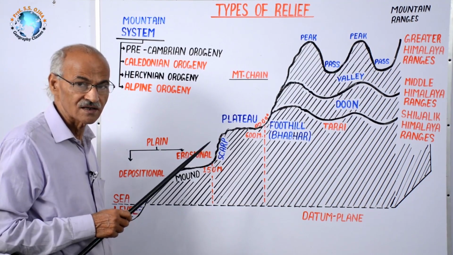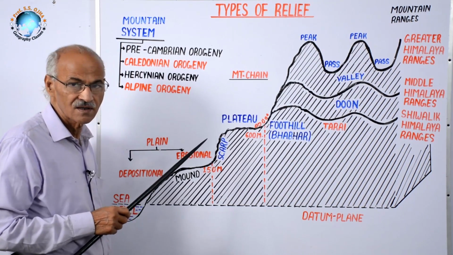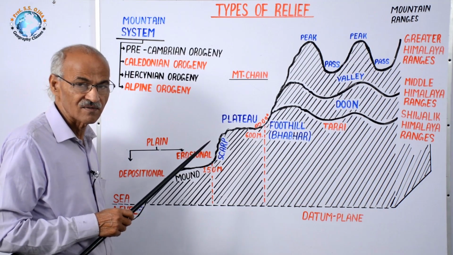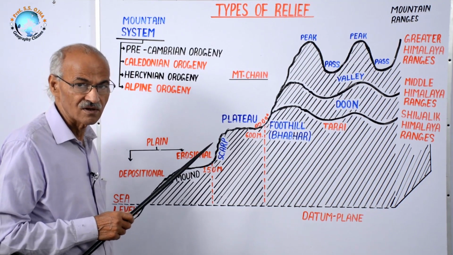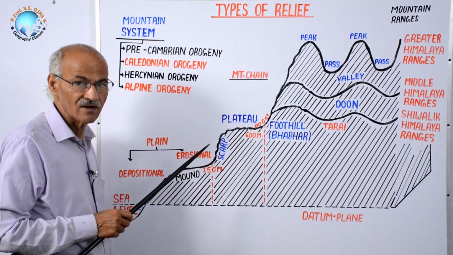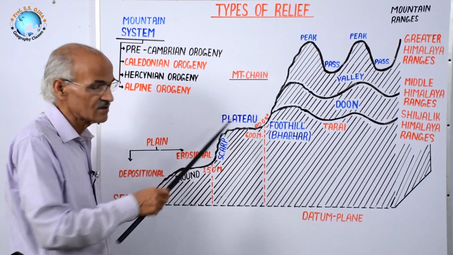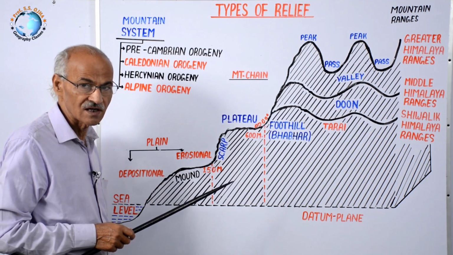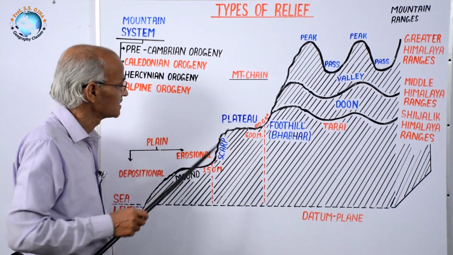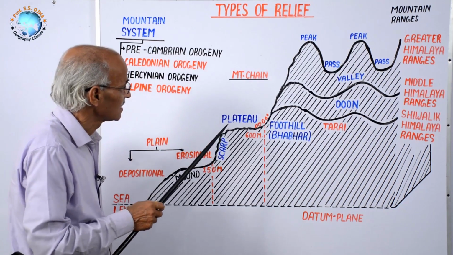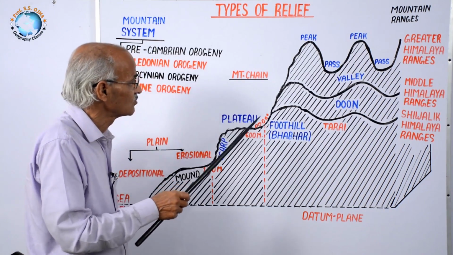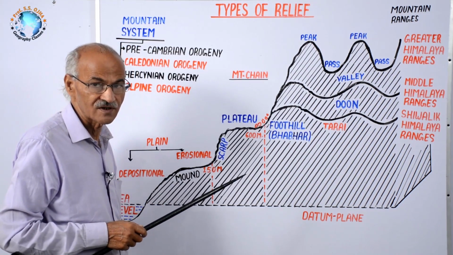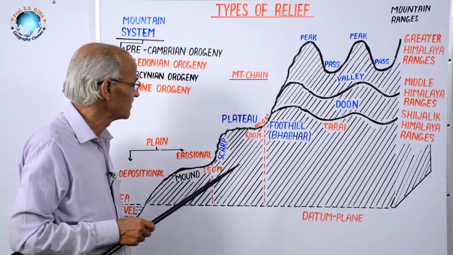At the same time, in this phase, in India the Himalayas were rising, in North America the Rockies, in South America the Andes, and a number of mountain chains were rising at a time. These collectively are called a mountain system. So these are the terms you should keep in mind with respect to the topographic or relief features on the surface of the earth.